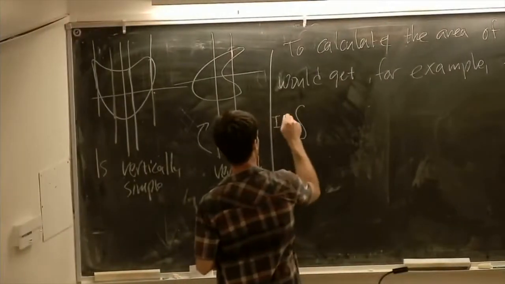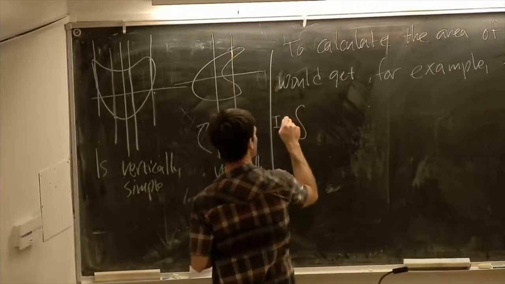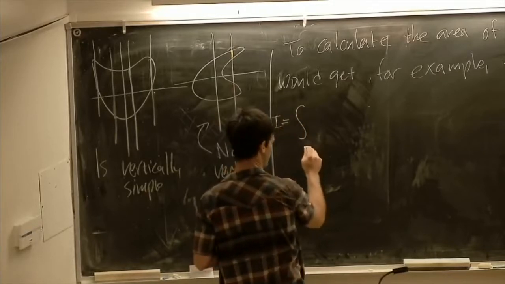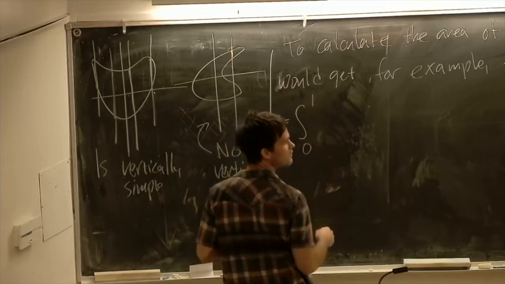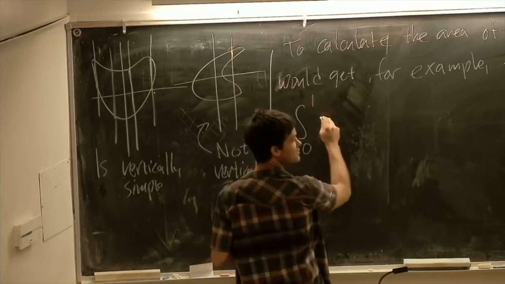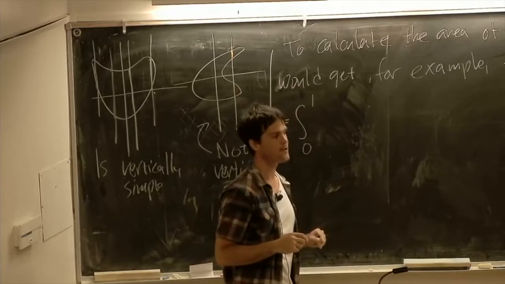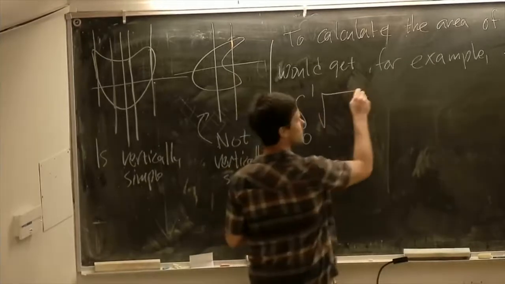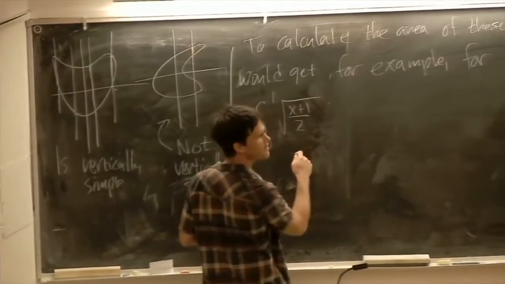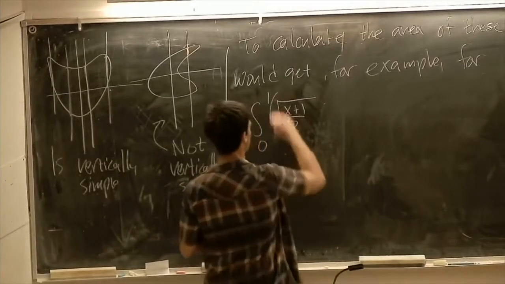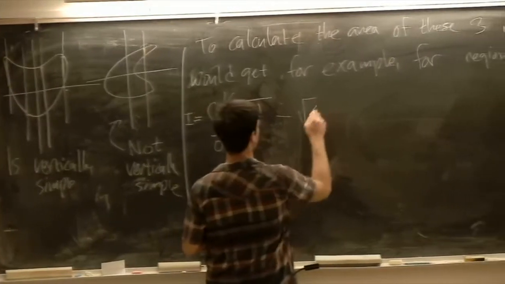And then the expression for the area of region 1 is the integral from 0 to 1 of the function on top, what's the one on top? The bigger one, (x plus 1) over root 2, is on top in that region. And the one on bottom is just the root x one.